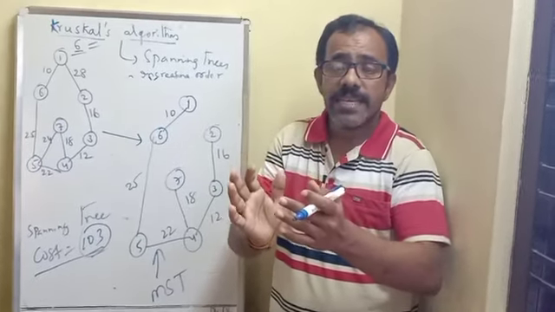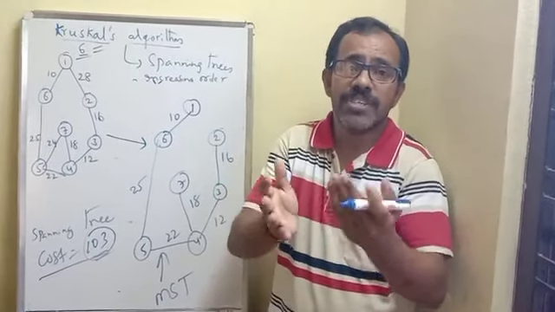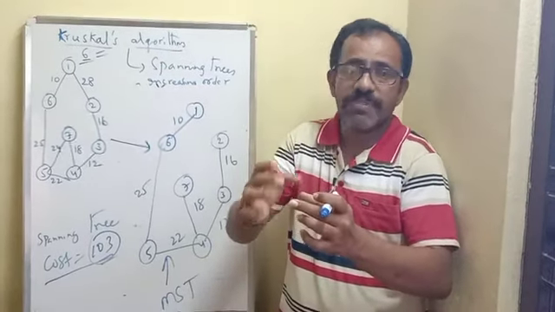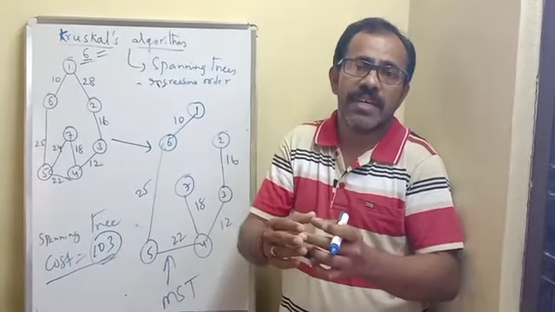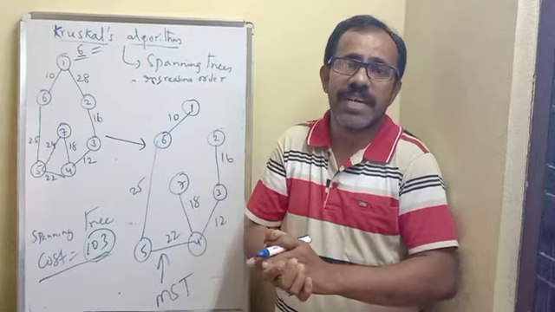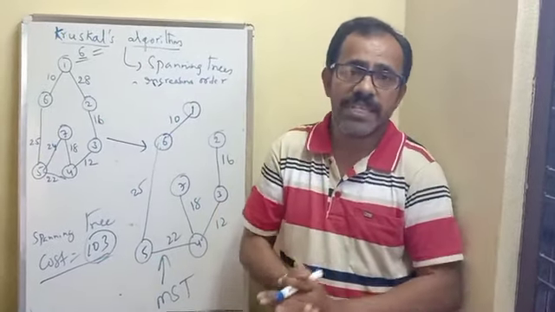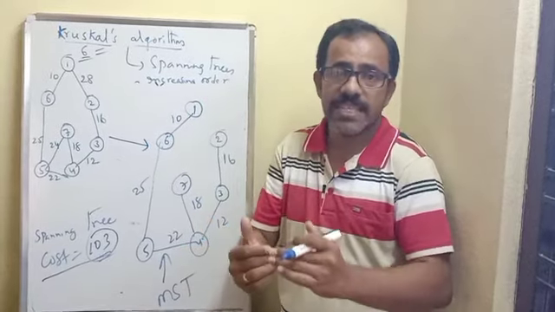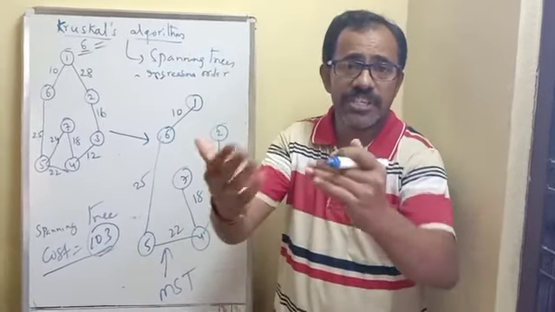But the cycle-forming condition we checked using sets. If both nodes of that particular edge are in the same set, then we simply discard that edge, because the inclusion of that edge may form a cycle. If both are in two different sets, then we can successfully include that particular edge into the spanning tree.